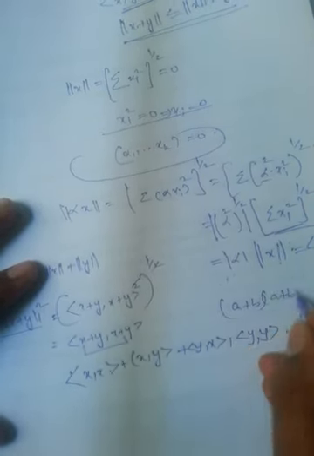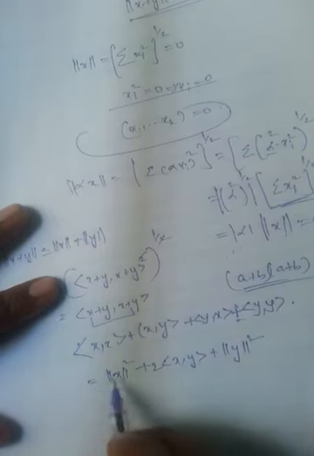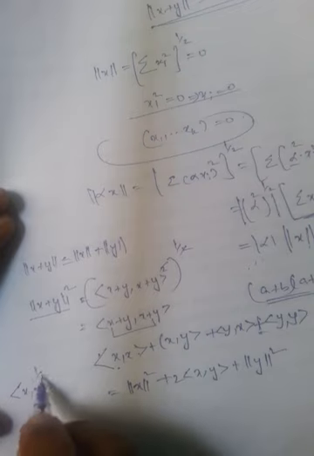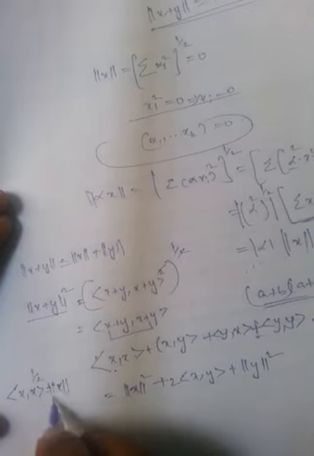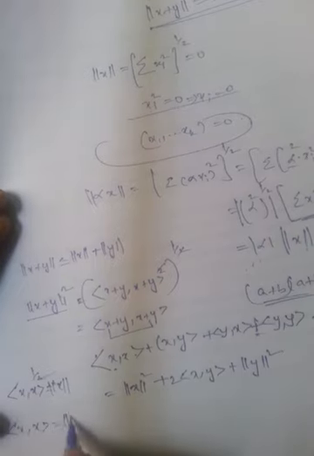From this we can write norm of x square plus 2 times x comma y plus norm of y square. How do we get this? Since norm of x will be equal to inner product of x, x to the power 1 by 2, sending this to the other side, it will become x comma x equal to norm of x whole square.